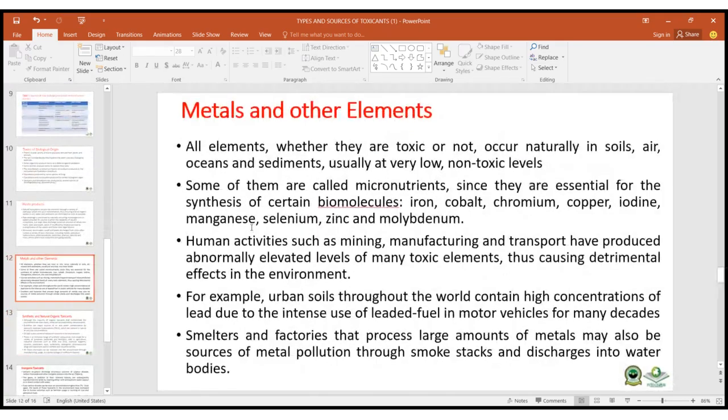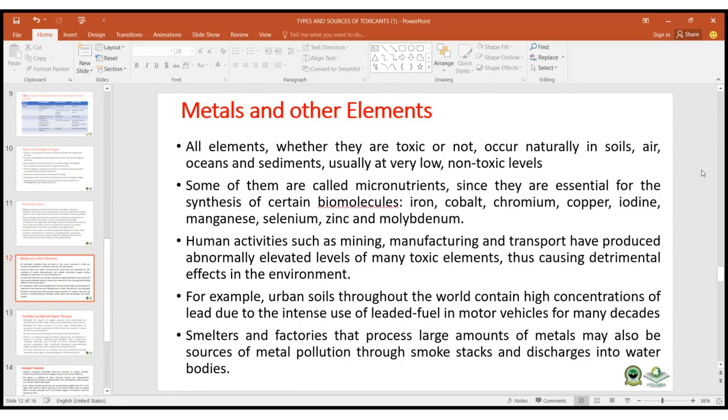We also have toxins coming from metals and other elements. All metals, whether they are toxic or not, occur naturally in soils, air, oceans, and sediments, usually at very low non-toxic levels. There are a lot of metals that we are exposed to.